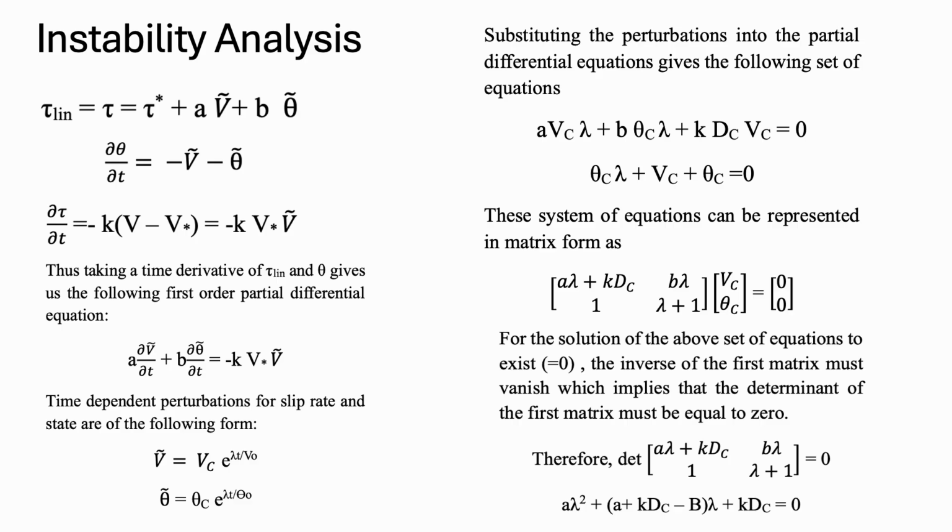So this system of equations can be represented in matrix form as given over here, and for this set of equations to have a solution, the inverse of the first matrix should vanish, which implies that the determinant of this first matrix is equal to 0. We calculate the determinant of this first matrix over here and set it as 0, and we are rendered with this last set of equations over here, a quadratic equation.